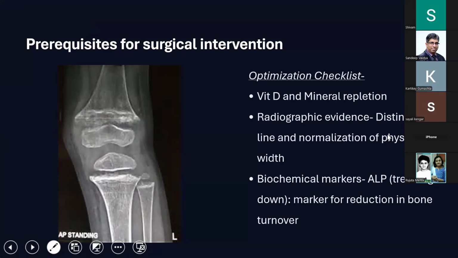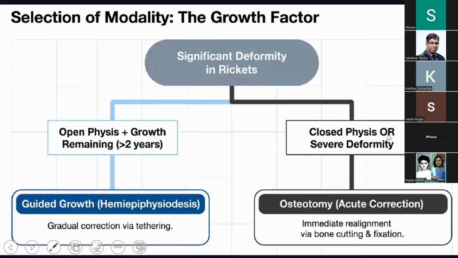Biochemical markers such as ALP reduce, showing reduced bone turnover. After medical and metabolic optimization is done, we should proceed for surgical intervention.